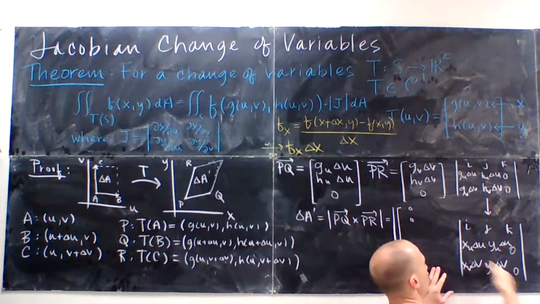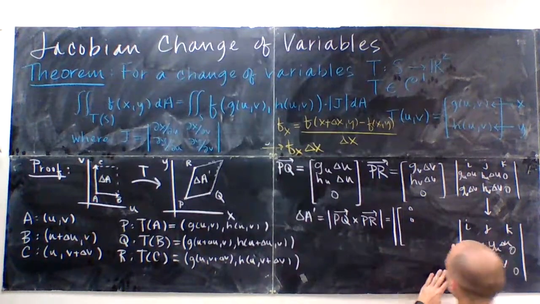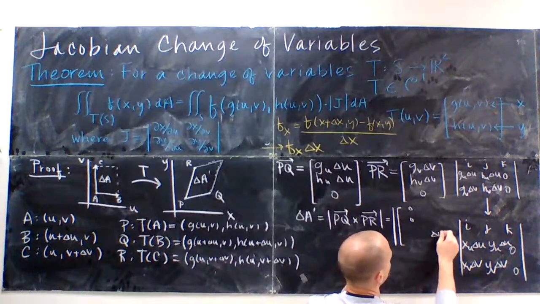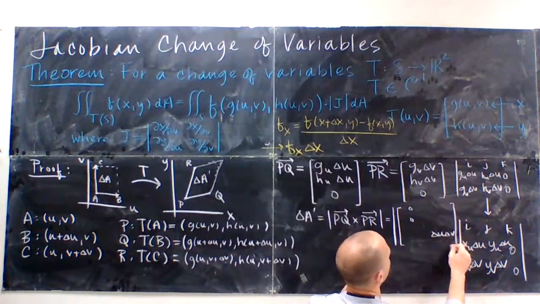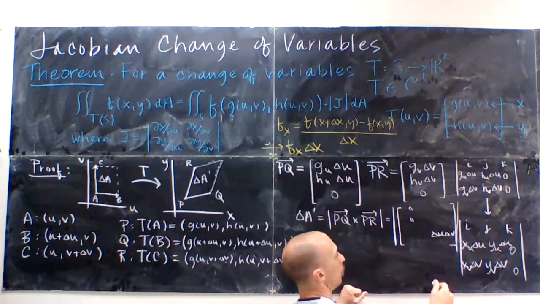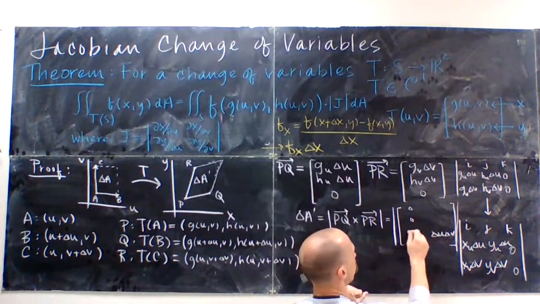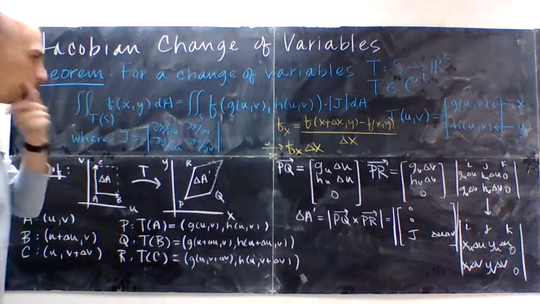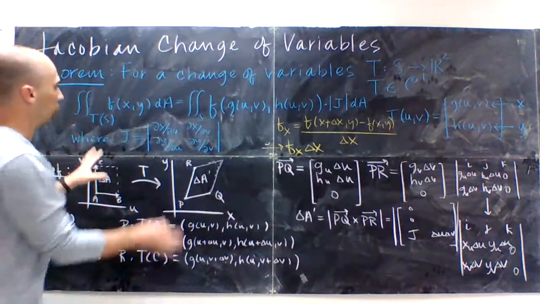And then when I go and I do this, I'm going to have delta u delta v, just trying to squeeze too much in, too small of an area, and then this is J, as I've written it up there. I'm not going to be able to fit it, but I think that that's a sufficient justification.